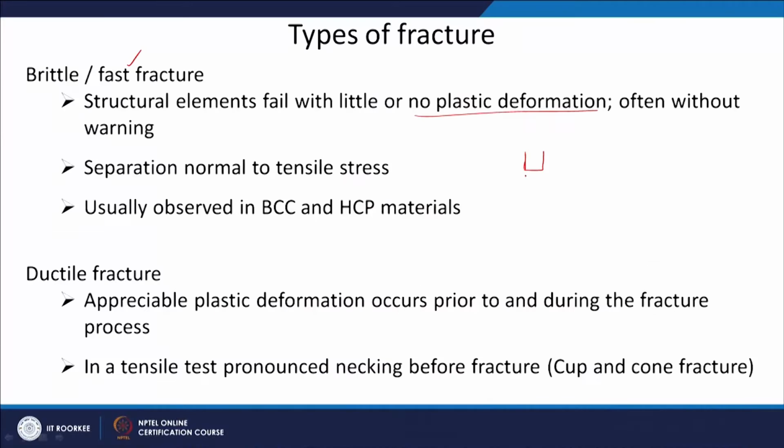If you do a tensile test of a brittle material, taking the gauge section, your material will divide into two parts, and the fracture has taken place normal to the tensile stress, whereas in the case of a ductile material, the material will actually neck first.